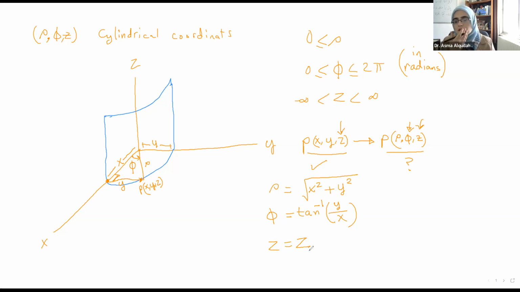So this is how we transform a point from the Cartesian space into the cylindrical space.